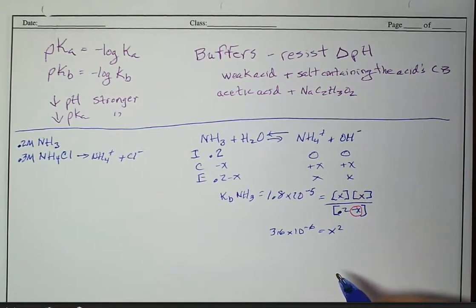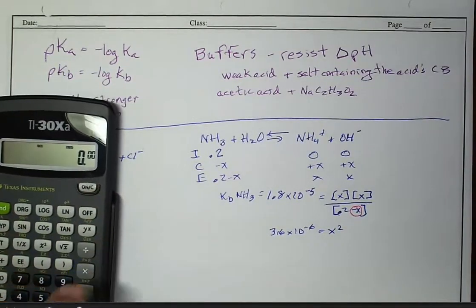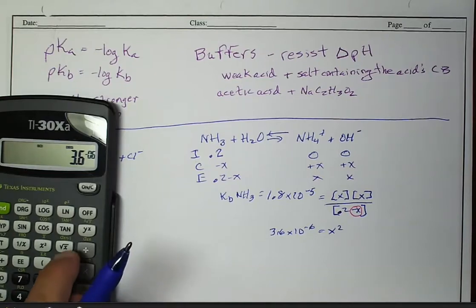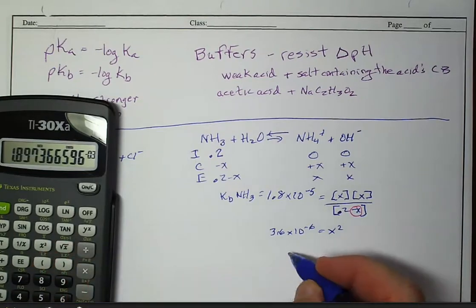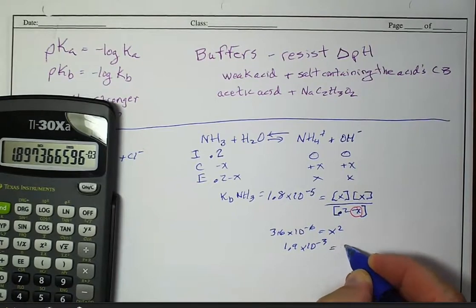And the square root of 3.6 times 10 to the negative 6th, x is 1.9 times 10 to the minus 3.